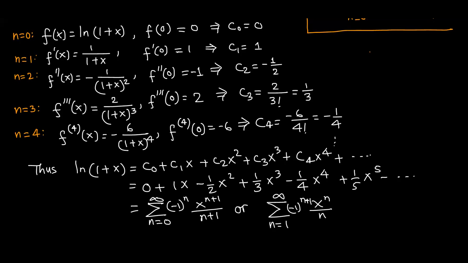So negative 1 to the n plus 1, x raised to n over n, or this. So when we shift this n from 0 to 1, n from 1, then we need to subtract 1 from each n, and n minus 1 is the same as n plus 1, because negative 1 to the 2 is just 1, this or this.